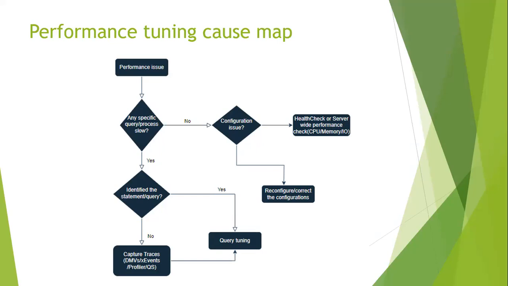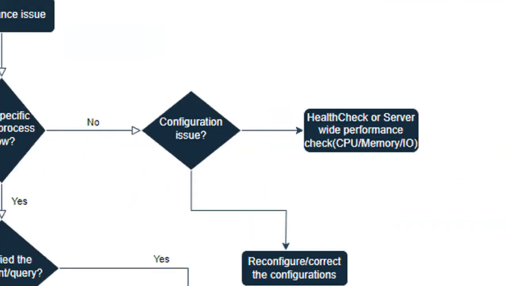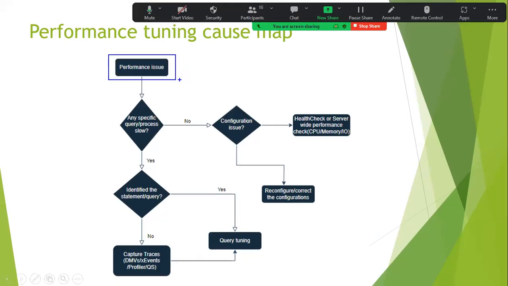Server wide performance means we have to investigate the overall server, or investigate a specific query to find the cause of the performance issue. We check whether a specific process is slow.